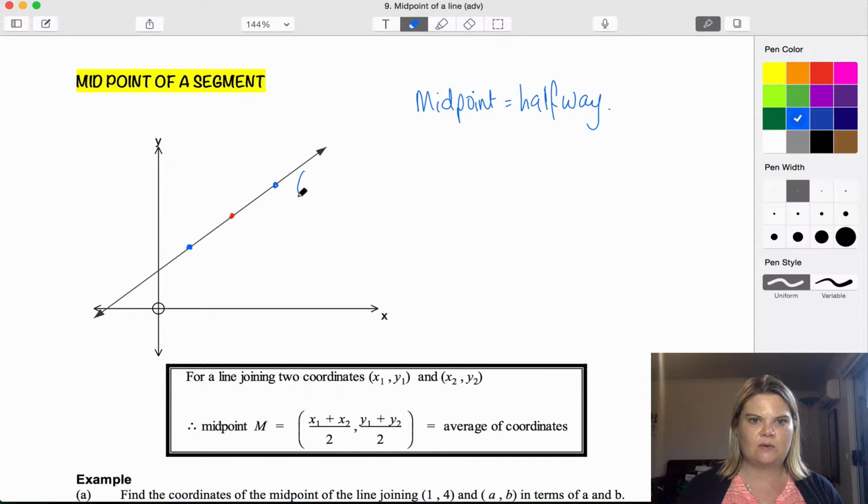So again, if we label this one as x2, y2, with a comma in between, the 2 coordinate points, and this one can be x1, y1.